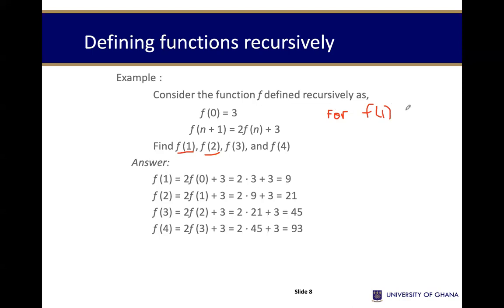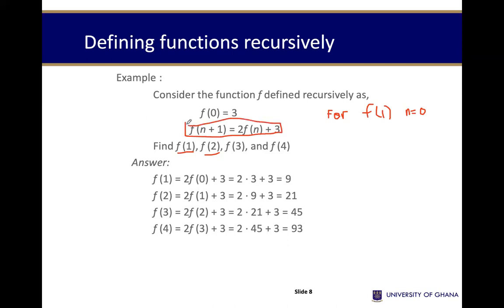We need to be able to make the substitution n is equal to 0. That's the main thing. So if we make the substitution n is equal to 0, at the end, we come to this equation, this one. The one I'm highlighting, okay?